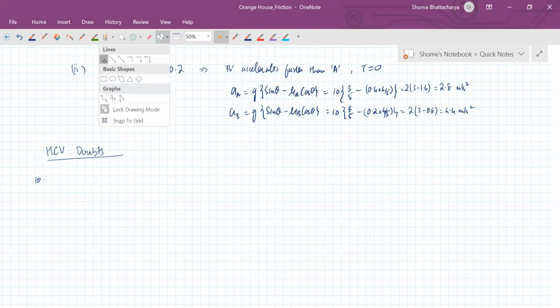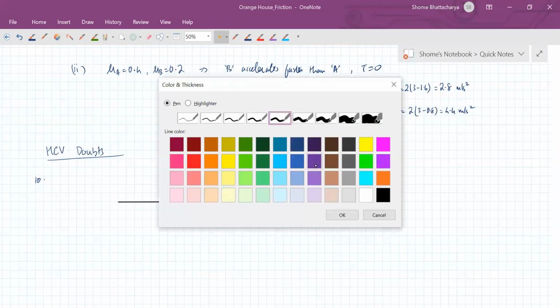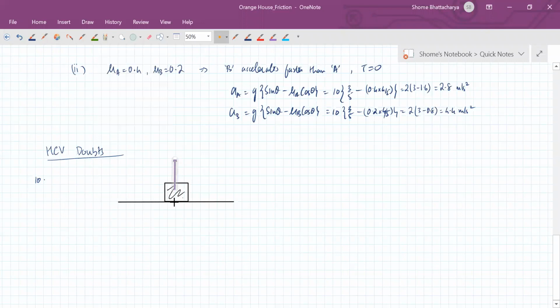So basically what it's saying is that if a given body is placed on another body or on another surface, suppose two types of contact forces are acting: normal reaction and friction.